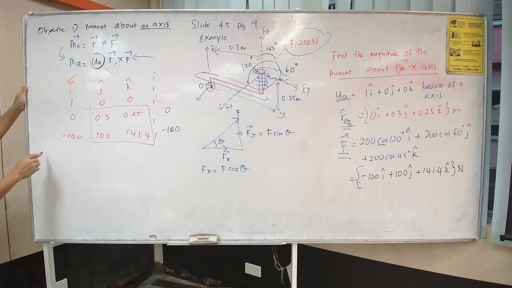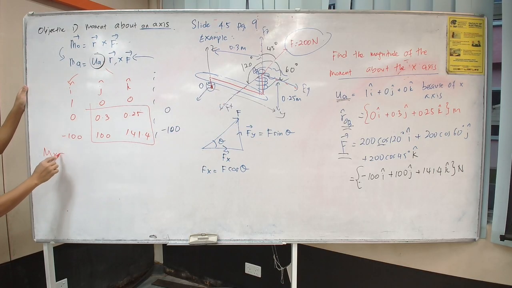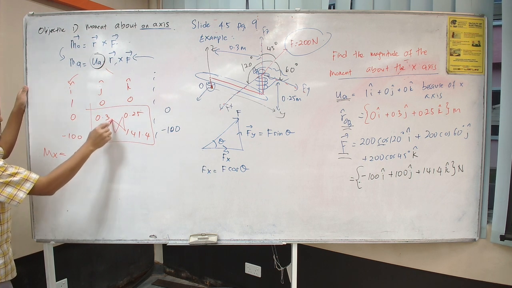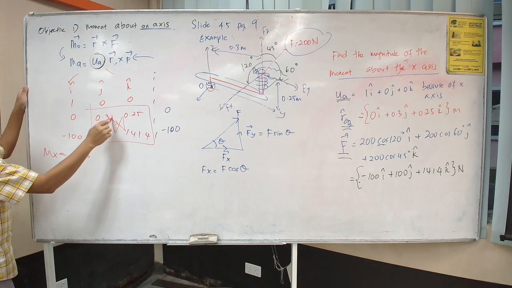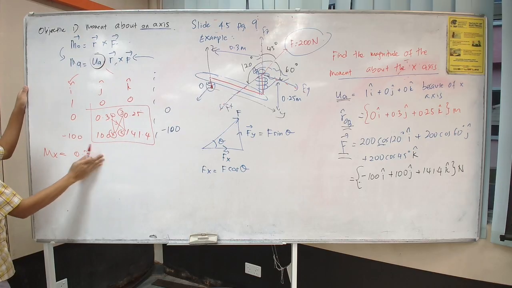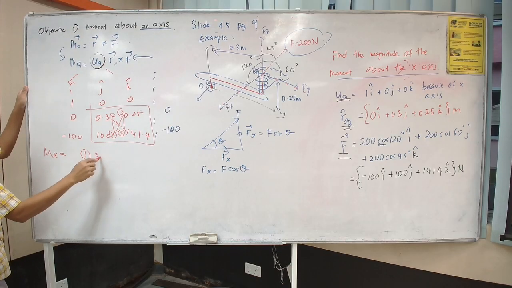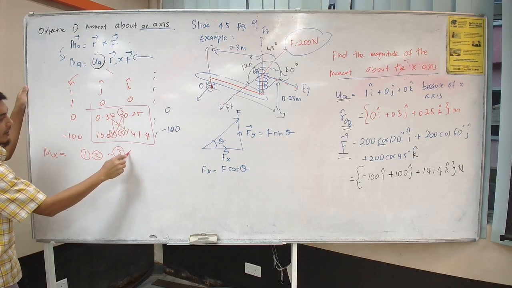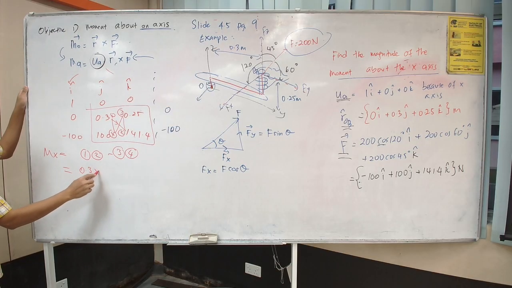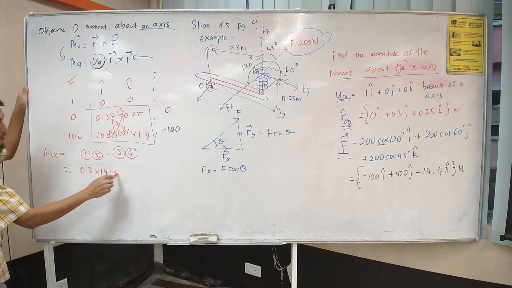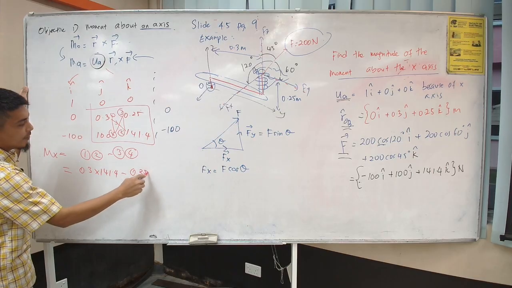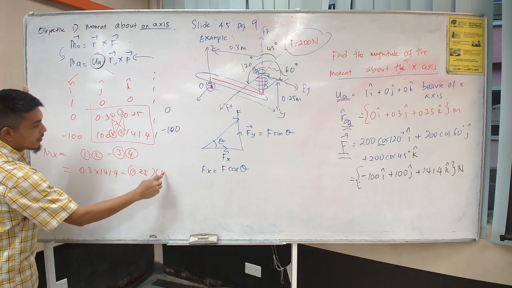So the Mx is about 0.3, 1, 2, 3, 4, which is 1 multiplied with 2 minus 3 multiplied with 4, which is 0.3 multiplied with 141.4 minus 0.25 multiplied with 100.